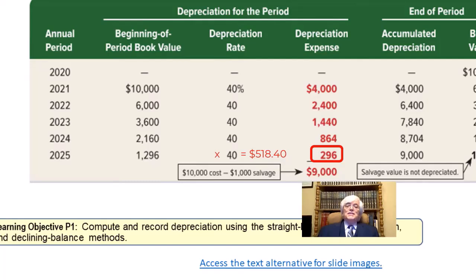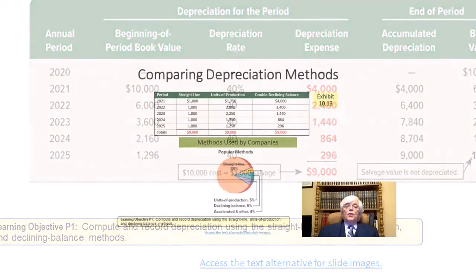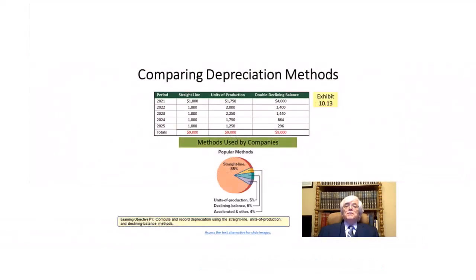But depreciation is not allowed to reduce the asset's book value below its salvage value. In this case, the beginning book value was $1,296 and the salvage value was $1,000, so depreciation is limited to $296. We can compare the three methods of depreciation by looking at Exhibit 10.13.